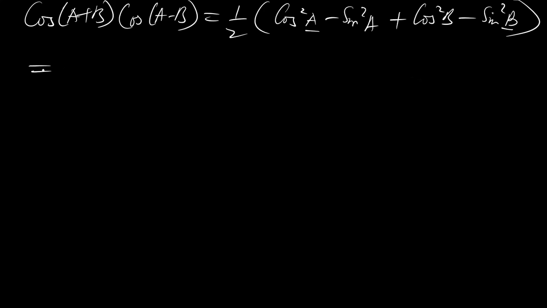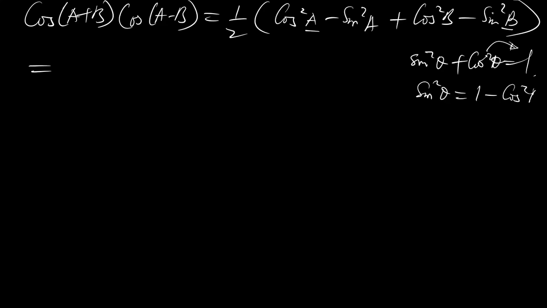Now, according to trigonometric identities, we know that sine square theta plus cos square theta is equal to 1. So if you move this to the other side, you have sine square theta equal to 1 minus cos square theta.